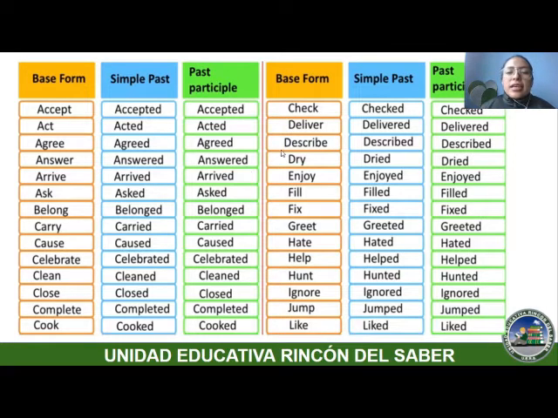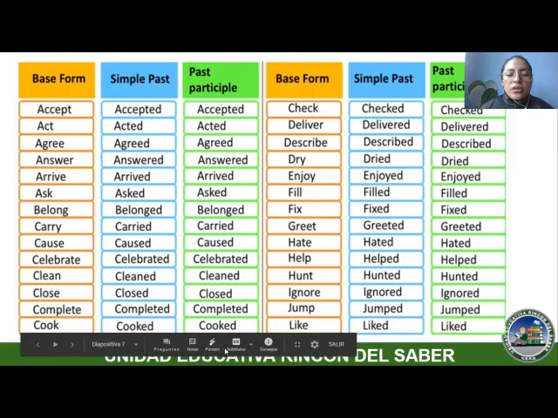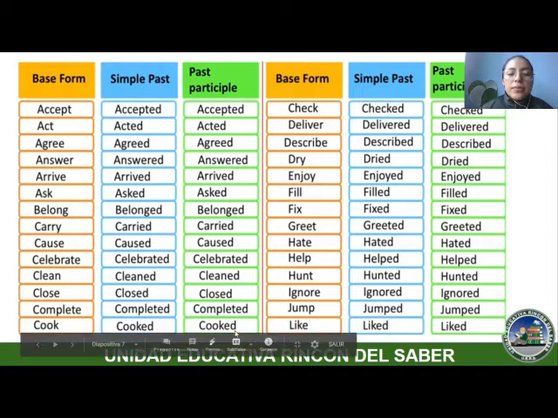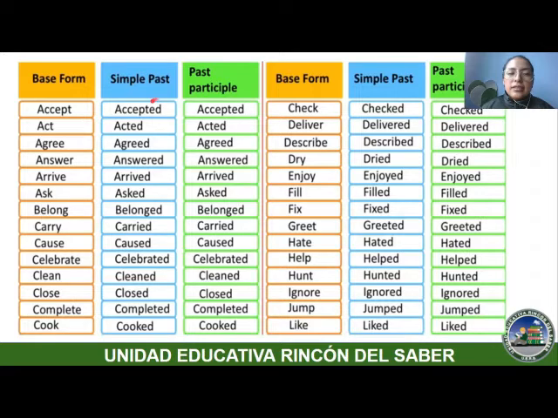Remember, it is important that when you want to conjugate a regular verb in past or past participle, you have to add ed or d at the end of the verb, okay? Only in the regular verbs. En los verbos regulares aumentamos la ed o la d para hacerlo en pasado y pasado participio. Y la forma del verbo no cambia.